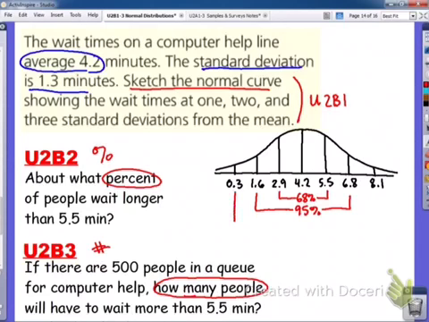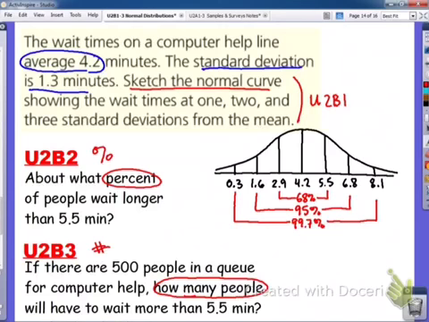And lastly, 99.7% of the data is contained within 3 standard deviations of the mean. Okay? Now this right here is what I'm expecting of you for this first skill.